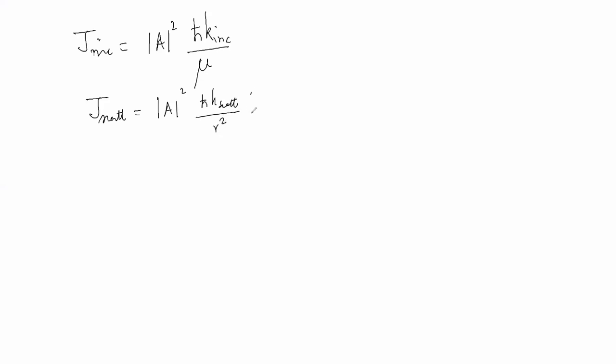Therefore, if you just evaluate it, your j incident will be mod of A square h cross k incident upon mu, and j scattered as mod of A square h cross k scattered by r square f theta phi mod square.